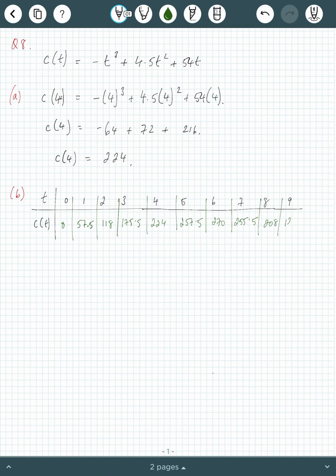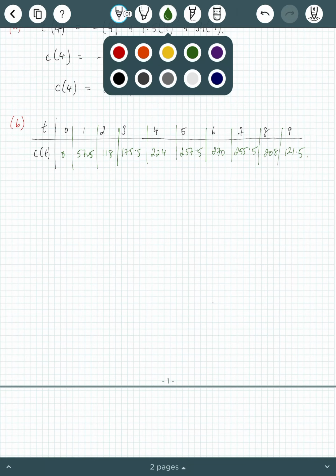And 9 is 121.5. So that's the B part done. Hopefully you had no problems with that.